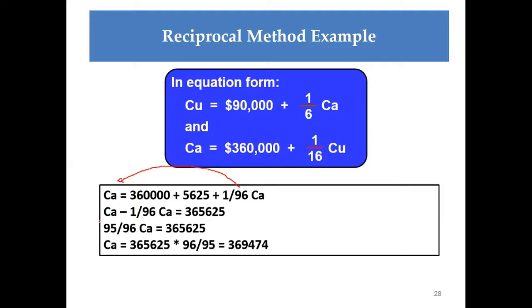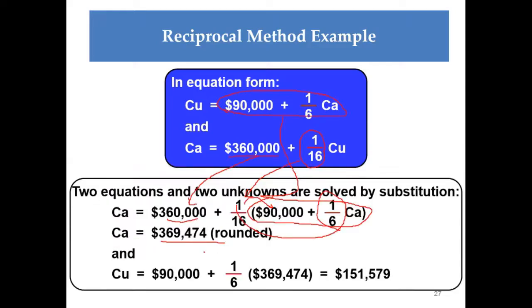Then we have to multiply by the reciprocal of this ratio. CA equals 365,625 multiplied by 96 divided by 95. The answer, rounded, is 369,474.